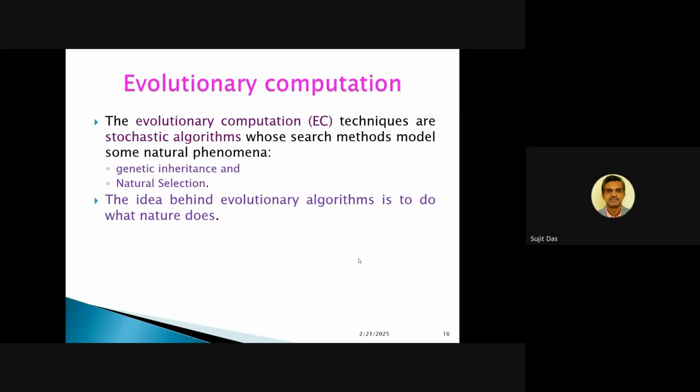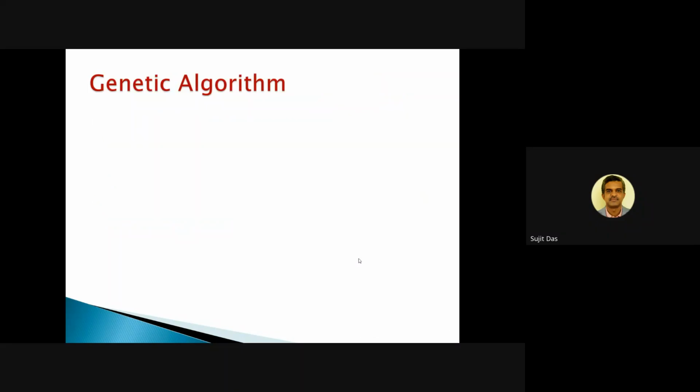If parent solutions are better, child solutions are supposed to be better. Then whatever child solutions we get from those 2 parent solutions, their fitness values are expected to be much better. You're getting the fact. So this is the idea actually behind going for natural selection.